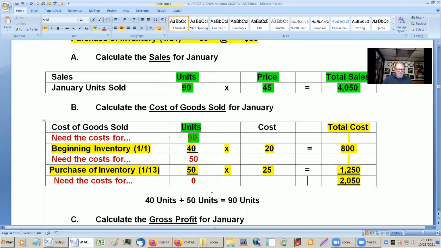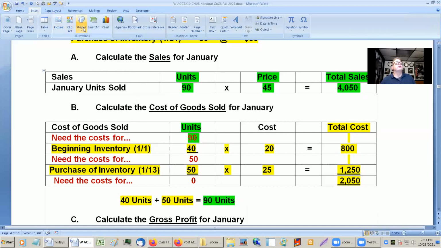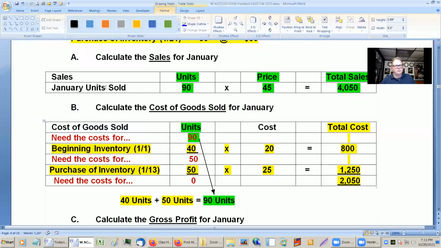So I want to show you something though down here, and that is the units in your layers, it still really is the same thing we did before. We're just taking it from more than one layer. You find a cost for 90 of them, and we're just taking them from different layers, but it still is the same thing.